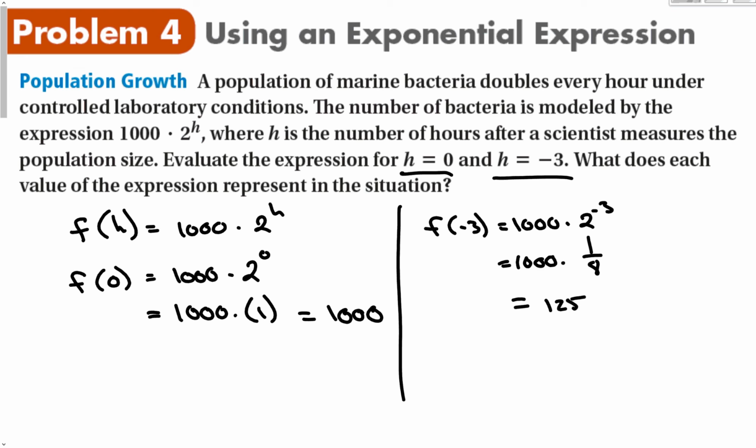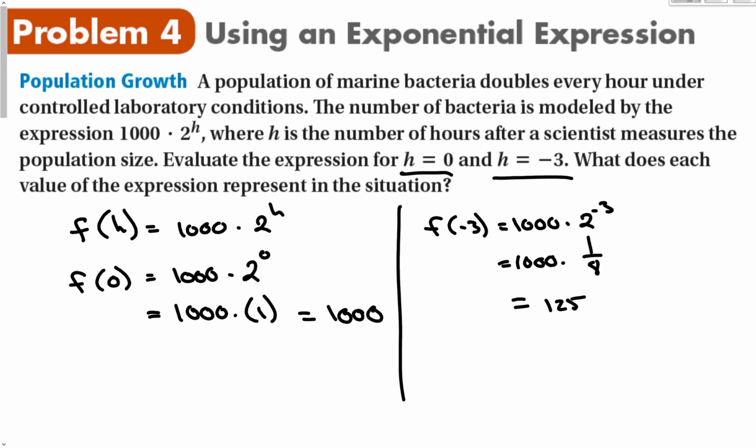So that means that if h equals negative 3, and h is the number of hours after a scientist measured the size of the bacteria population, then 3 hours before that, or 3 hours ago, the population was 125.